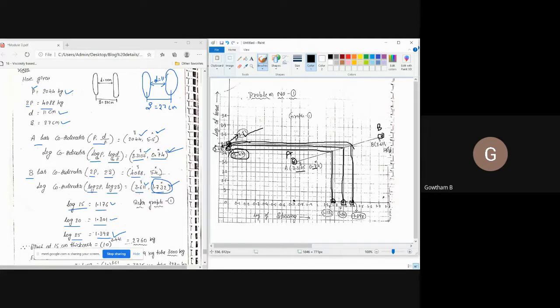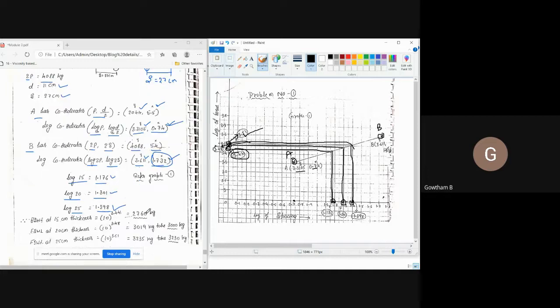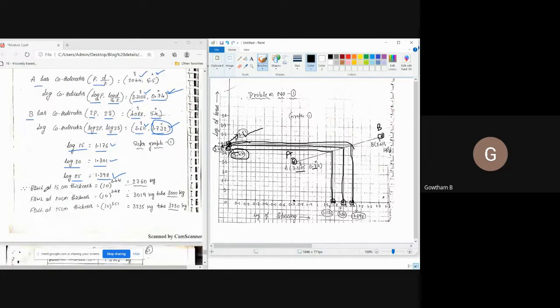For the log values of the x-axis, we now know the values in the y-axis. You have to convert that to kg like this. ESWL at 15 centimeter is given by 10 to the power of the value obtained at 15 centimeter, which is 3.441. Substituting, this will be equal to 2760 kg.